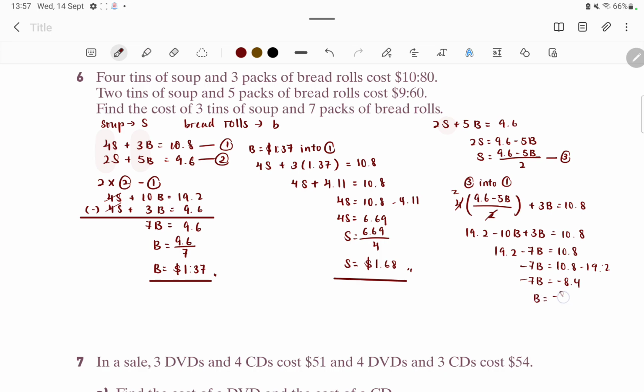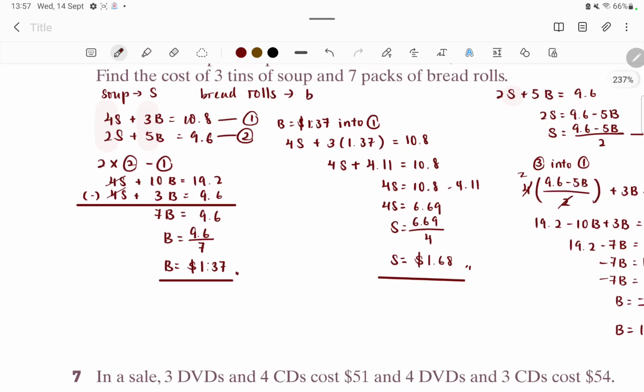And then b equals negative 8.4 over negative 7. B equals 1.2. Wait, let me check, because with both methods you should get the same answer. 10b should get 19.2. Oh, okay.